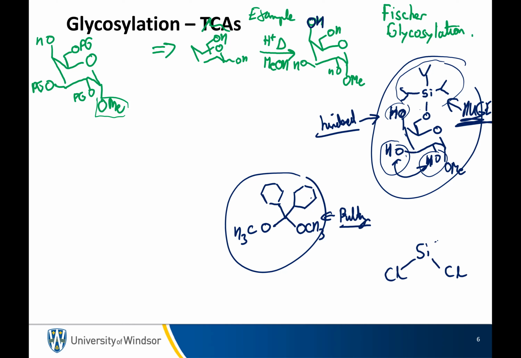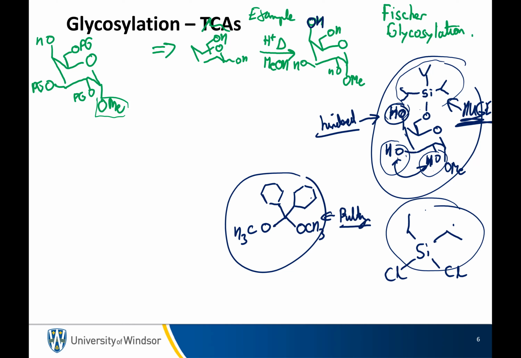Alternatively to this, we could also use a silicon protecting group that has two moderately sized groups on it. I don't know, two ethyl groups. That is also kind of not tiny. So it's unlikely to go for 4. It's also likely to go for 2 and 3, and it'll be a bridging silicon group. Same kind of strategy.